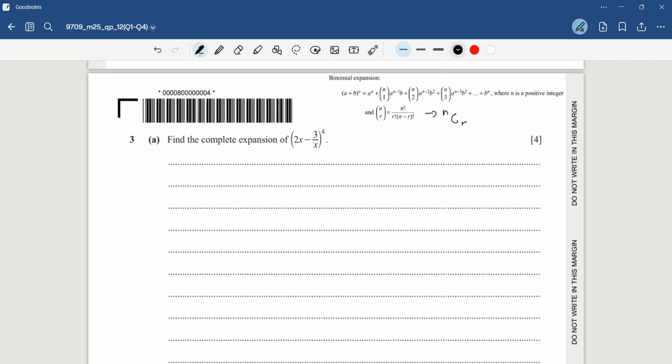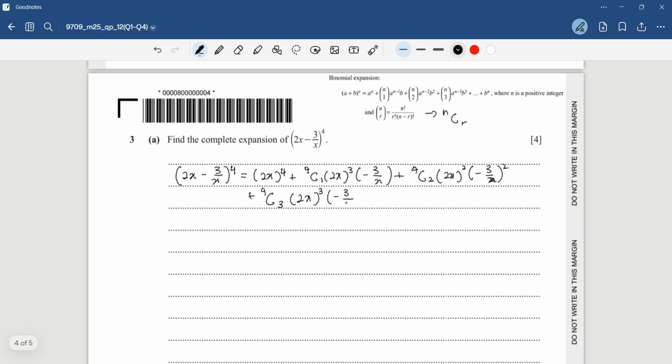So we just follow the formula. (2x minus 3 over x) to the power of 4 is equivalent to (2x) to the power of 4, plus 4C1 (2x) to the power of 3 times negative 3 over x, plus 4C2 (2x) squared times (negative 3 over x) squared, plus 4C3 (2x) times (negative 3 over x) cubed, plus 4C4 (2x) to the power of 0 times (negative 3 over x) to the power of 4.